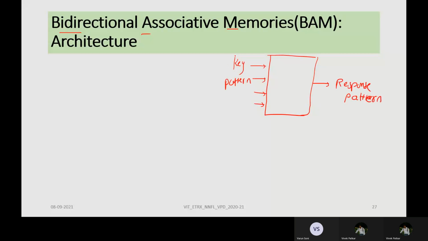So when key pattern and response pattern are not equal, we say this is heteroassociative, right? Yes, sir.